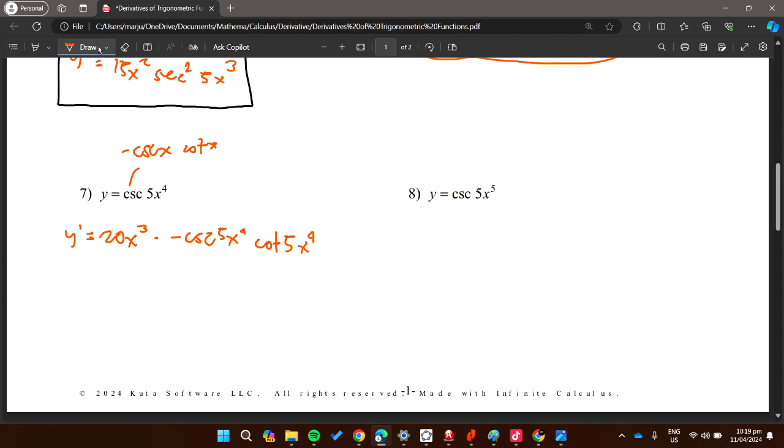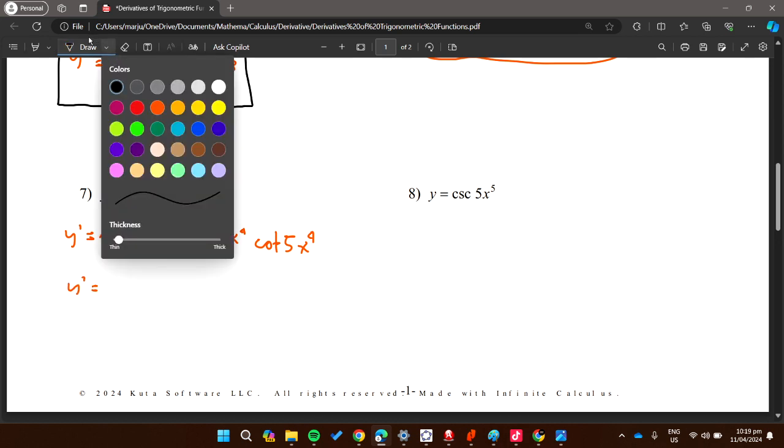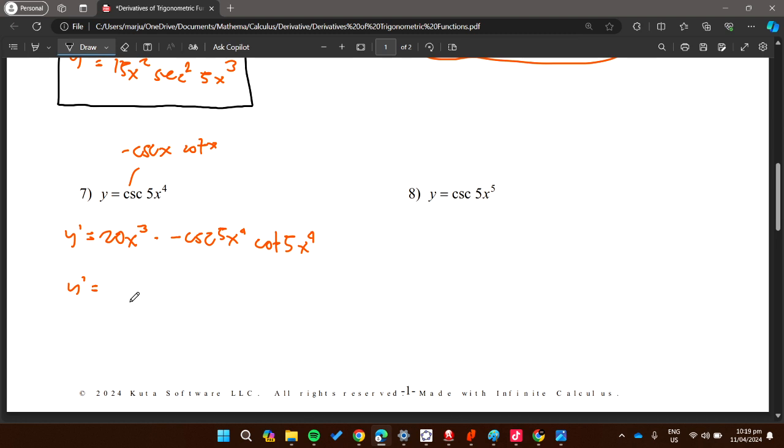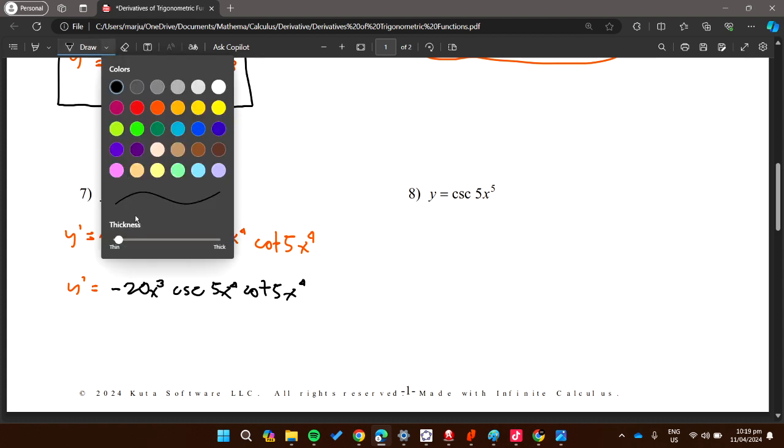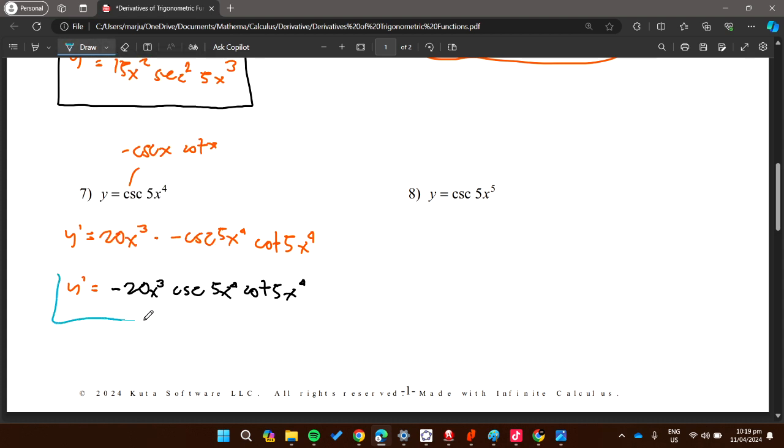When we simplify this, we just move the negative sign, giving us negative 20x cubed cosecant 5x to the fourth power cotangent 5x to the fourth power. That will be our solution for this item.